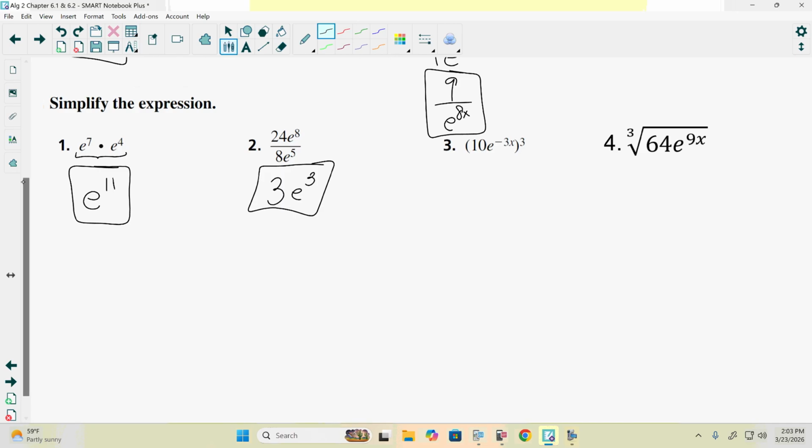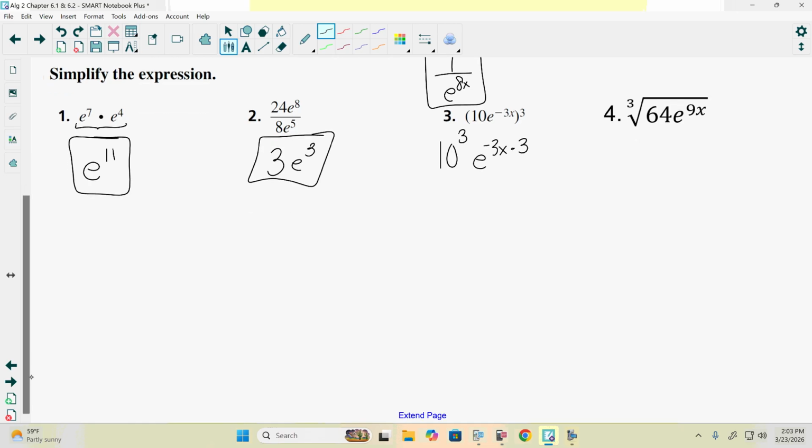Okay. Number 3, 10e to the negative 3x, to the third. So we're having to apply that power of 3 to both terms. Now for the 10, again, it's still 10 to the 1 times 3, but 1 times 3 is just 3. E to the negative 3x. Powers of powers again, multiply, so we're going to be multiplying the negative 3x by 3.